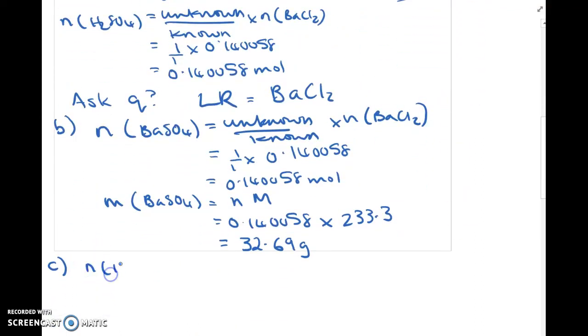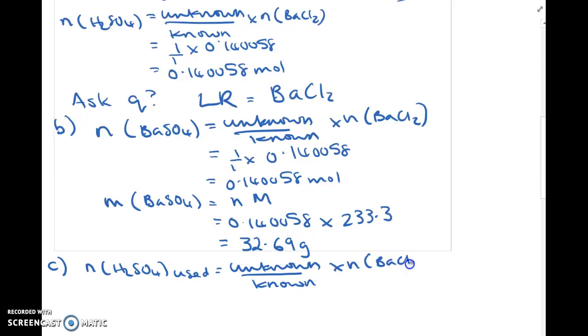So we go, the number of moles of sulfuric acid used in the reaction will equal unknown over known times the number of moles of barium chloride.